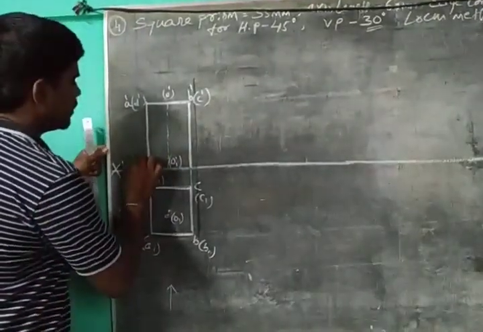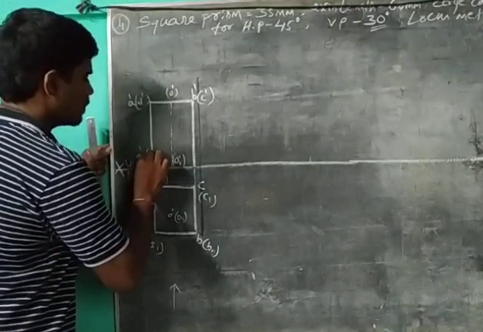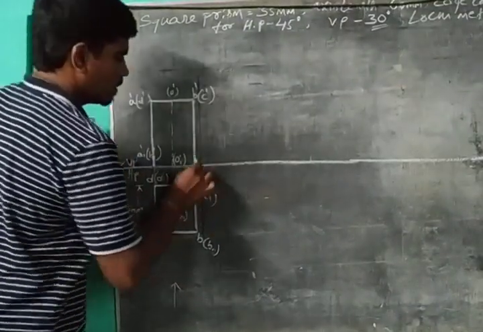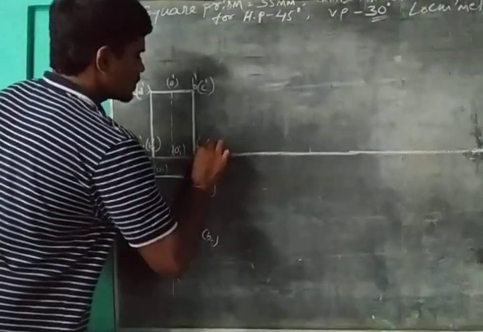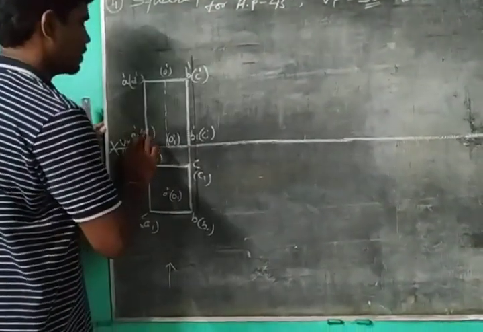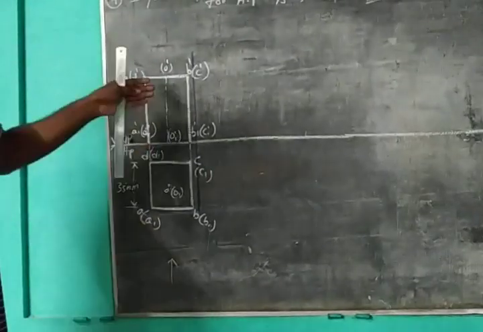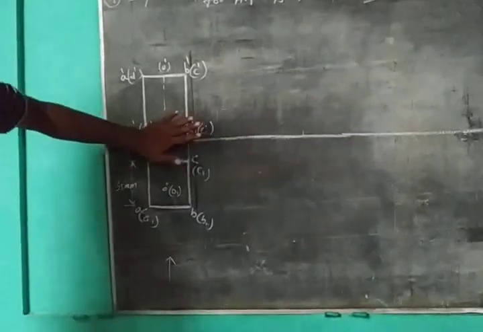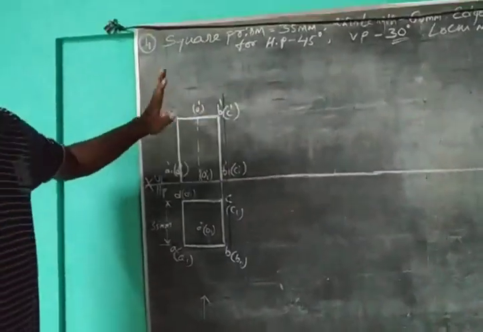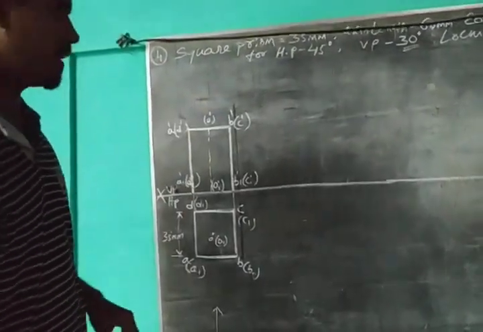Similarly, A1 dash is visible and B1 dash is invisible. Here B1 dash is visible, C1 dash is not visible. This is D. So this is the naming of the front view. Always in the top view it's A1, B1, C1 and A, B, C, D, and always name the front view with a dash, that's why A dash, B dash, C dash.